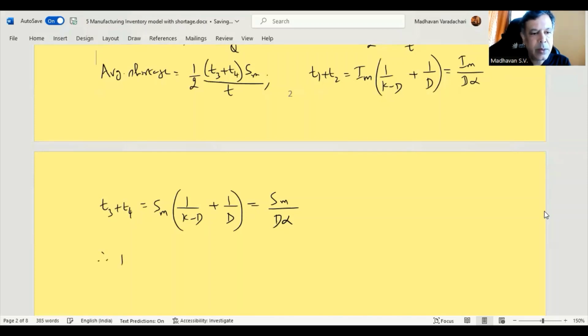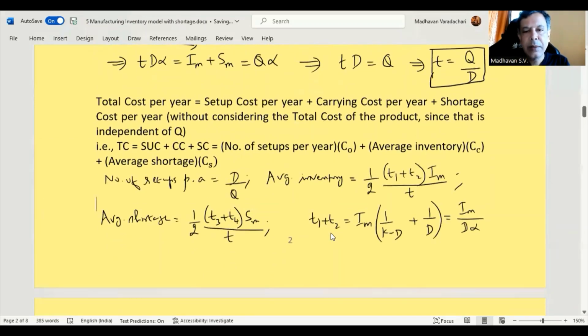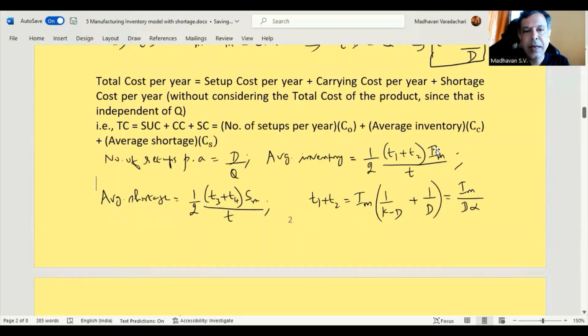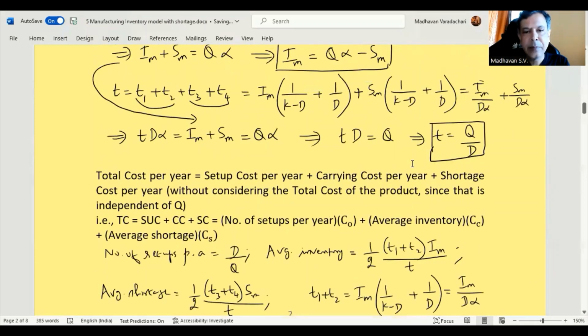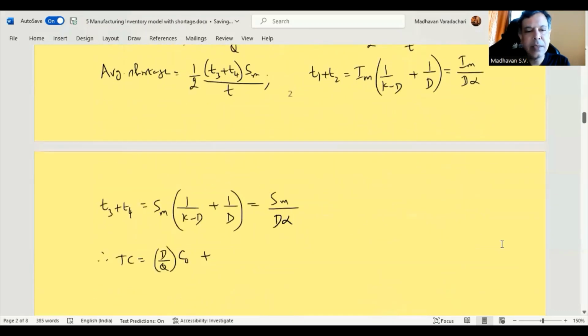Therefore, the total cost will be number of setups, that is D by Q, times CO plus average inventory. One more thing we may notice: I'm converting the IM into two variables, in terms of Q and SM. So IM is Q alpha minus SM. Let me rewrite this first.